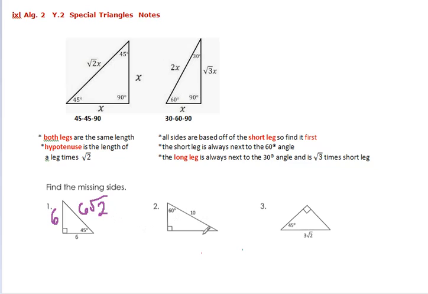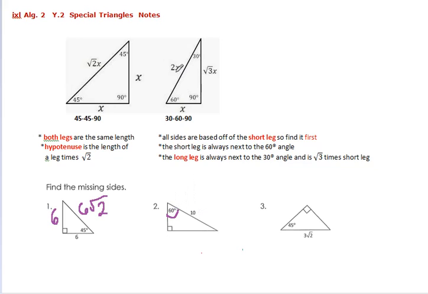All right, moving on to this next one. We see the 60 degree angle, so it's going to be patterned after this one. We have the hypotenuse here. The sides of this triangle are based off of the short leg, and for me, it's easier to find the short leg first.